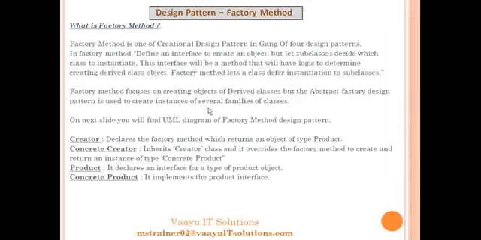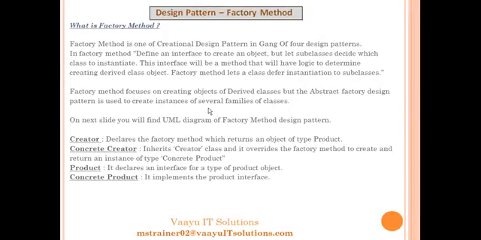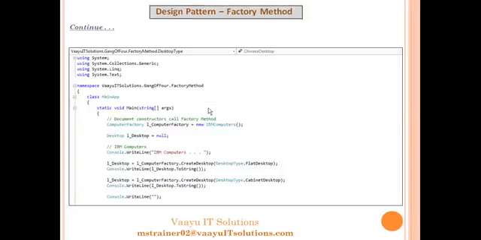What is this creator? Creator declares the factory method which returns an object of type product. What is this concrete creator? Concrete creator is responsible for the implementation details of creating the objects.